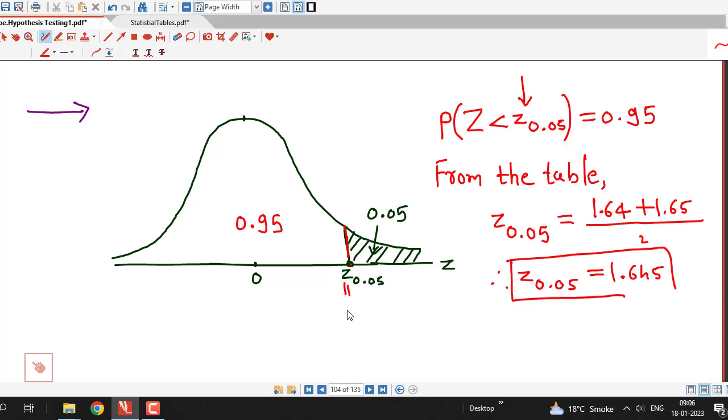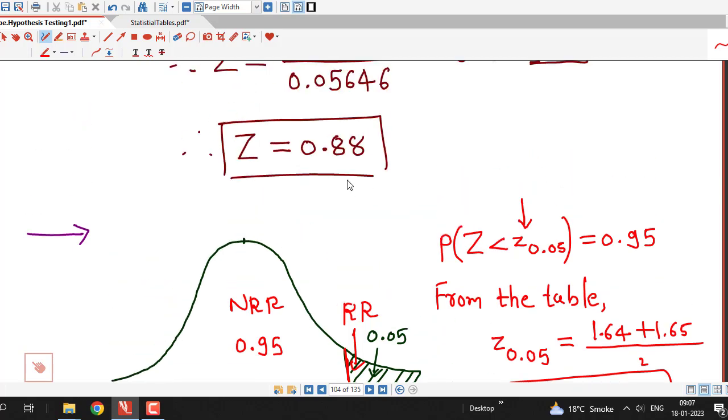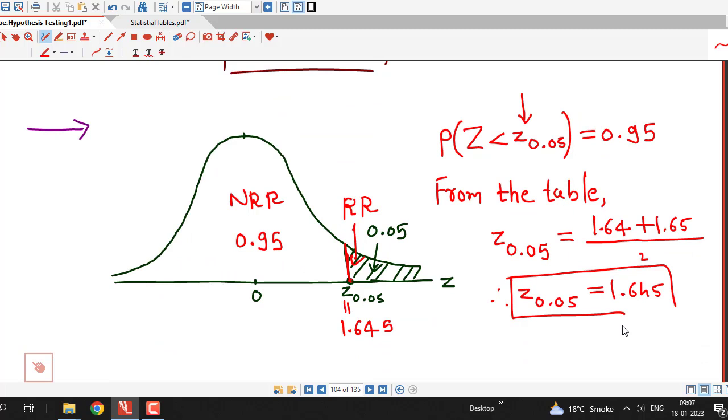This value is 1.645, and the area to the right side of this value is the rejection region. This is our rejection region. This is the non-rejection region. Now we compare the calculated value of the test statistic, which is 0.88, with this value.